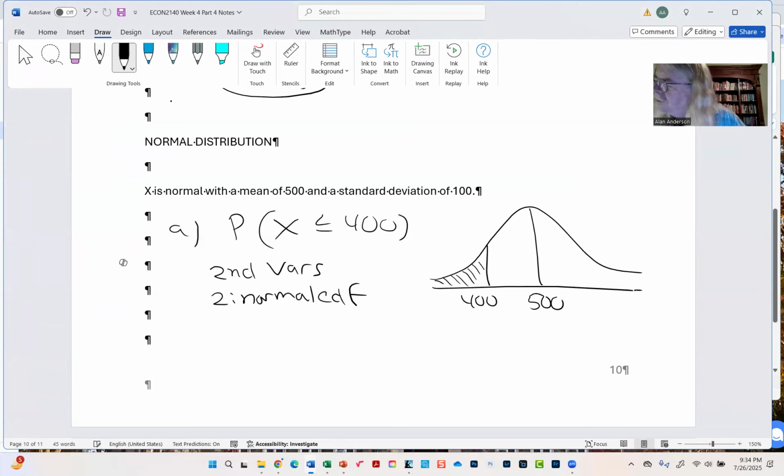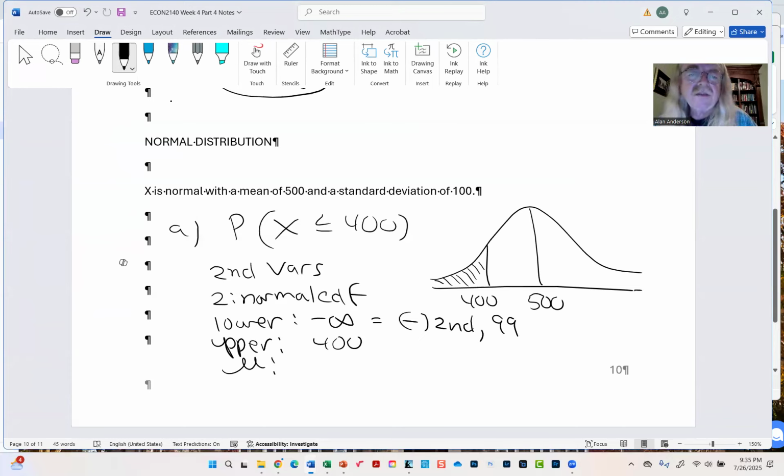All right, so the lower limit is the negative infinity. The upper is 400. Now here, be careful. The mean is not 0 anymore. It's 500. The standard deviation is 100. So make sure you change those.